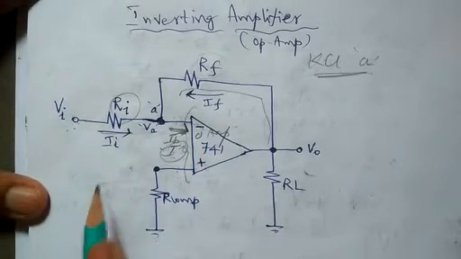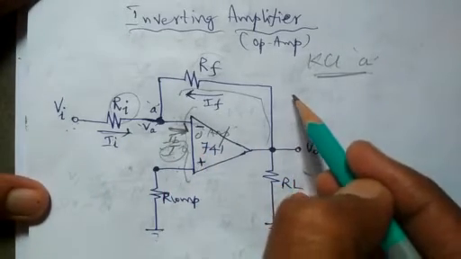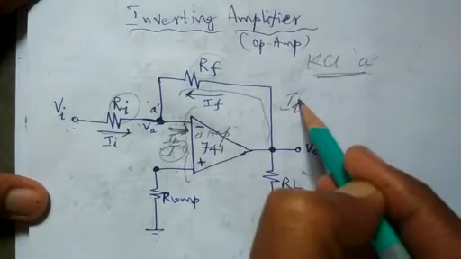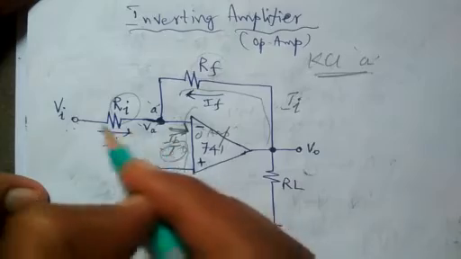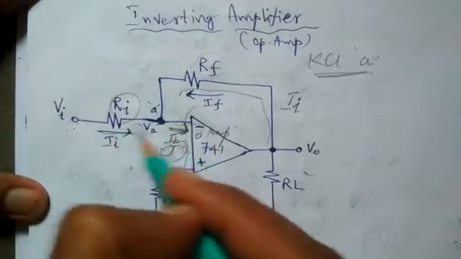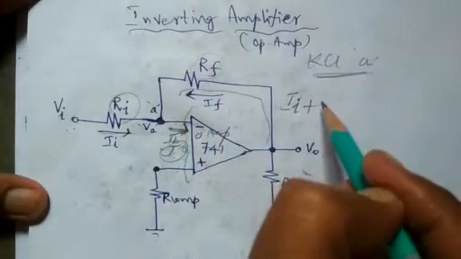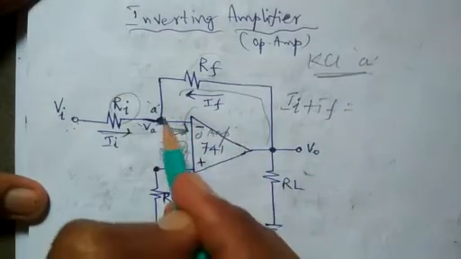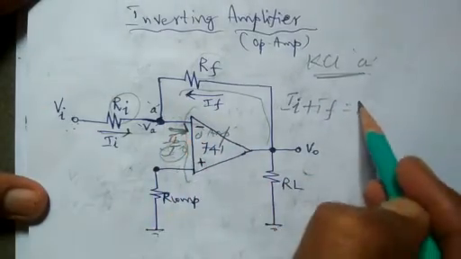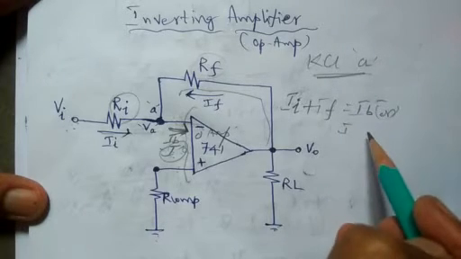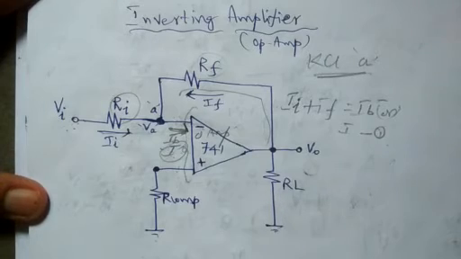Considering this, you can write the equation: the sum of the currents entering the node, II entering node VA, plus one more current from feedback, IF, equals the current leaving the node, IB minus or simply I. Name this equation 1.